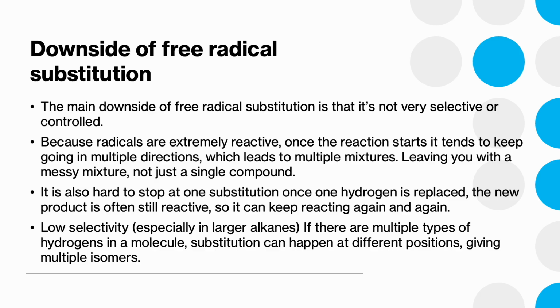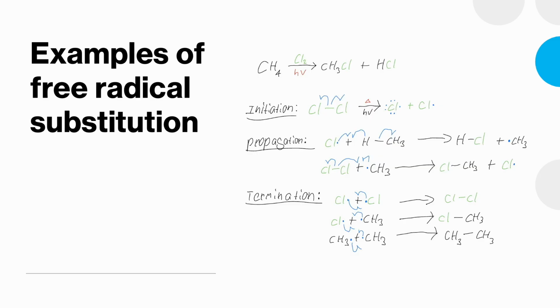It also has low selectivity, which just means if there are multiple types of hydrogen in a molecule, substitution can happen at any of those different hydrogens. It's going to give you multiple isomers, and it's not going to give you the one thing you're looking for. This right here is an example of free radical substitution. CH4 reacts with Cl2, and as I said, you're going to need heat or light. This is going to form your two major products.